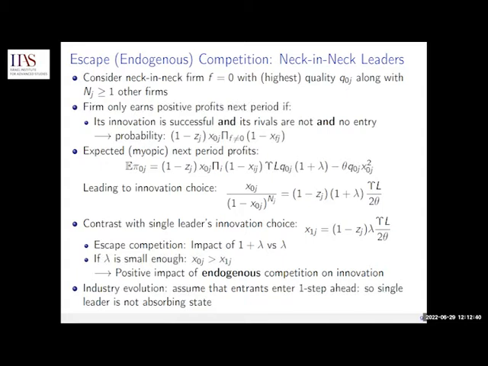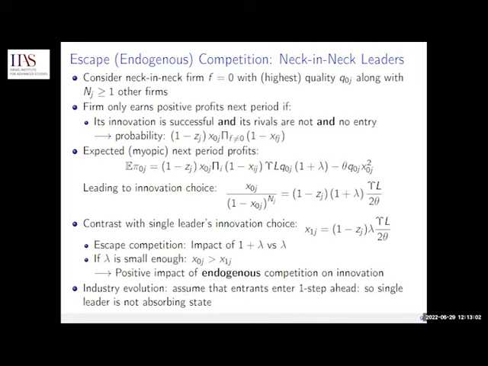Clearly in this relationship, the higher is NJ, the lower is going to be my innovation effort, because I'm also worrying about getting replaced, not just by an entrant, but by one of my other neck and neck firms also innovating and ending up with zero profits.